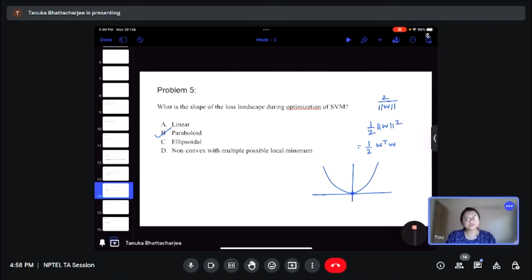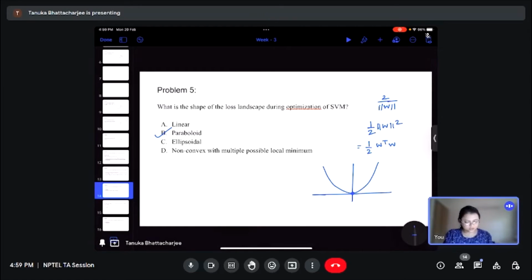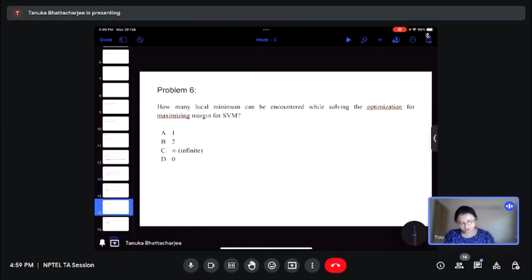If you extend it to higher dimensions, this remains the same. You have only one minimum for this function, so it's a convex function. Is that clear to you, Abhinash? Yes, ma'am. Okay, so the answer is correctly given by Mani and Lalita. There will be only one local minimum, since this is a paraboloid.